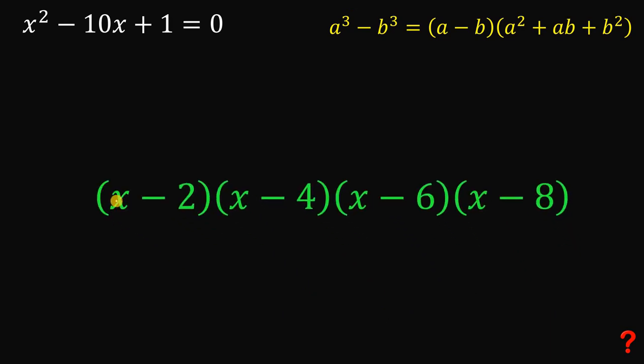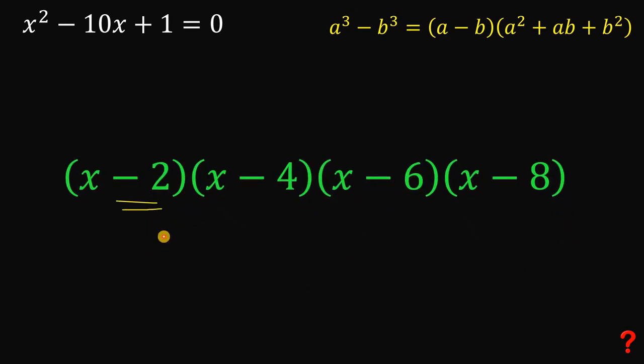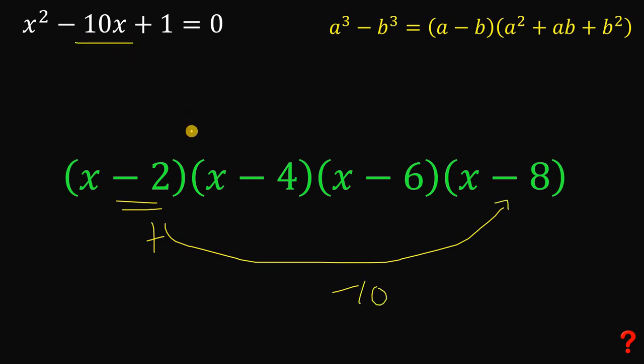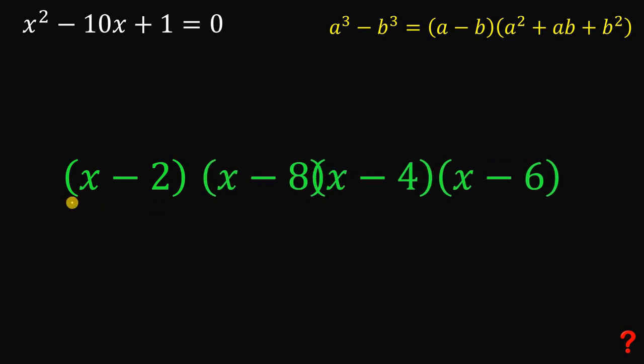Now, notice, negative 2 plus negative 8, we have negative 10. We have negative 10 right here. Negative 4 plus negative 6, this is also negative 10. So, what we're going to do is rearrange some factors like this.